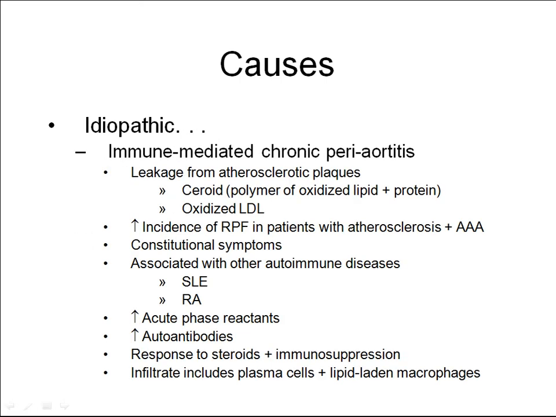So the leading theory on idiopathic retroperitoneal fibrosis is that it's an immune-mediated chronic periaortitis related to leakage of ceroid and oxidized LDL from atherosclerotic plaques.